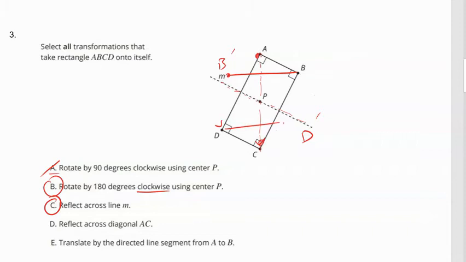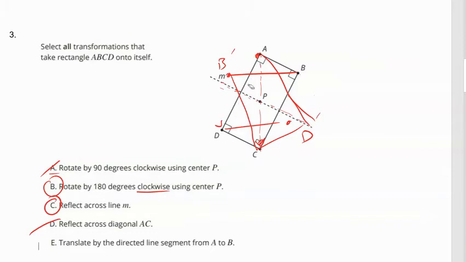C would stay the same. D would be over here though. So your image would actually look like something off, something like that, it wouldn't map on. It'd be very off tilt. Okay, so no.